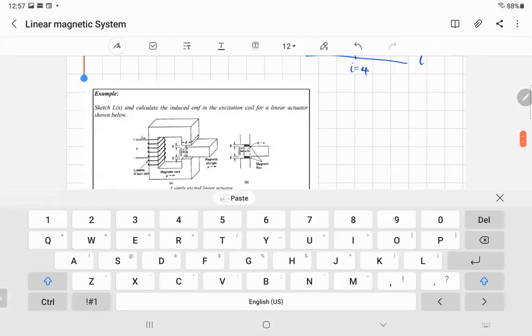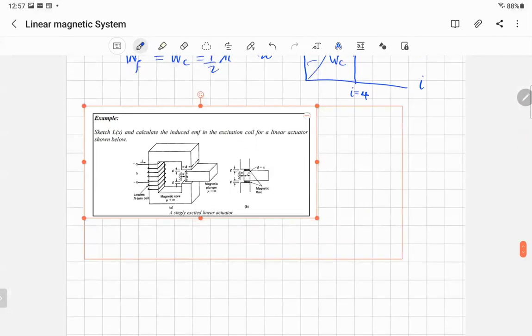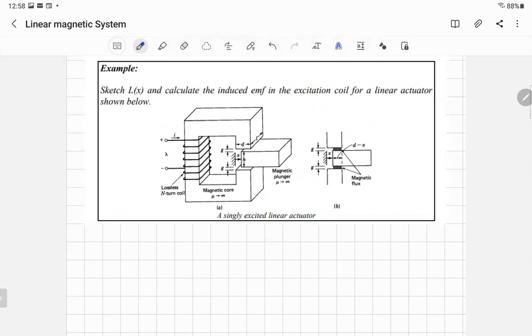So in this example, it's an electromechanical device, and it's linear. We want to sketch L of x, and try to find the induced EMF in the excitation coil, the value of e, the voltage produced here for the linear actuator. And this is obviously the movable part.